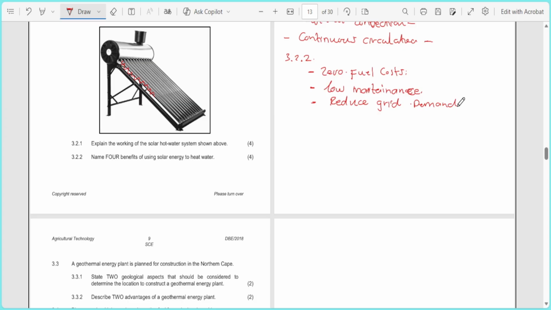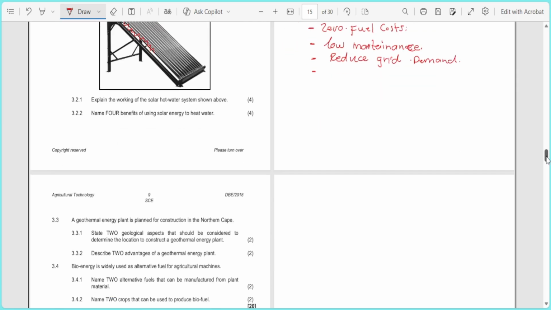Because not too many appliances are requiring energy directly from the grid. So this is an isolated system that only draws energy from the sun, so it does not rely on the grid. So it is an advantage at a time when we have load shedding.